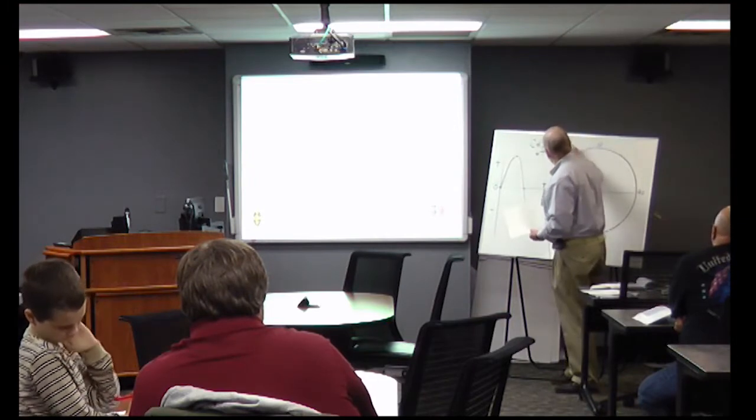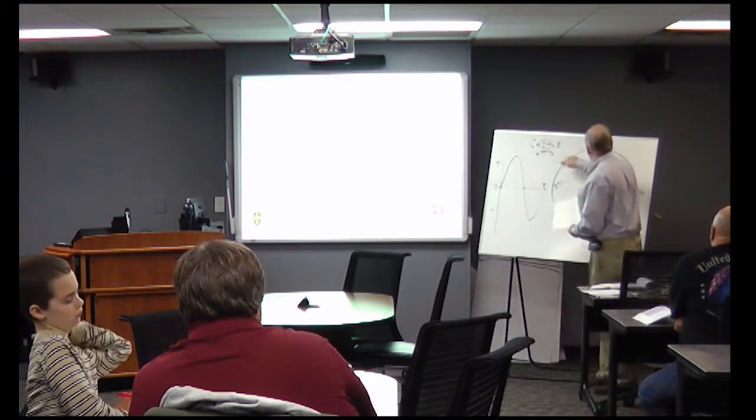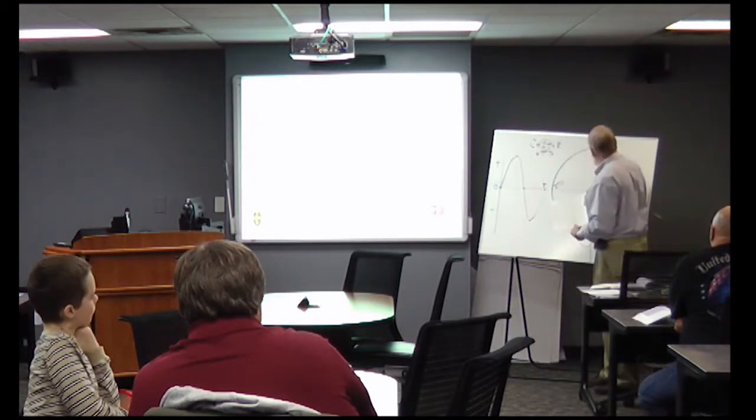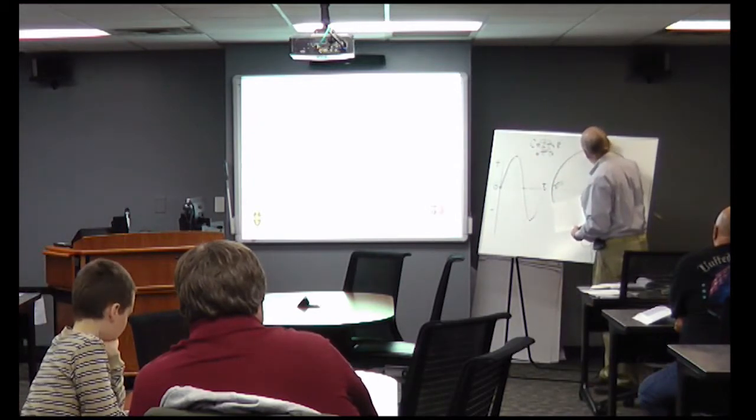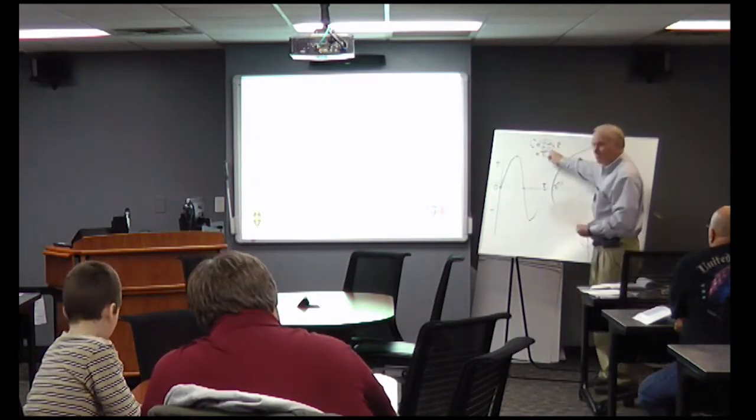So now we know that we have a circle that is 360 degrees in angular measure, but we could also express it in terms of fractions of pi.